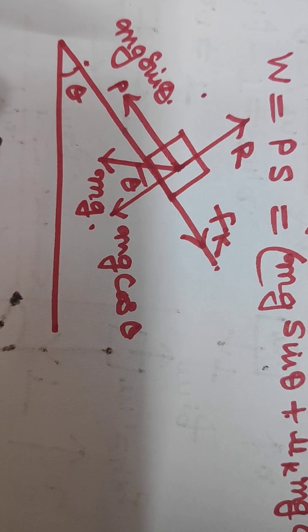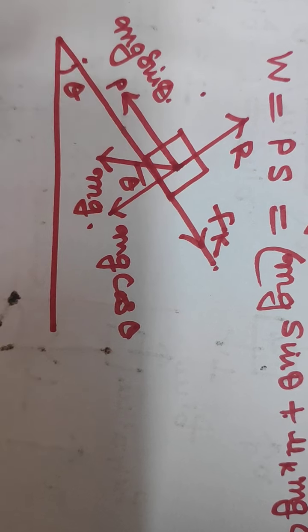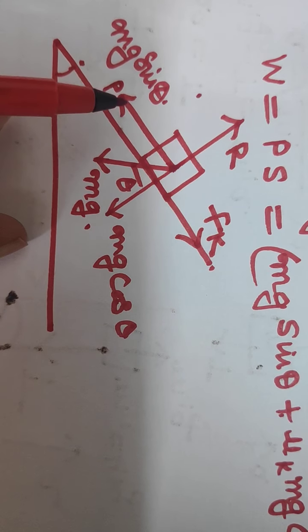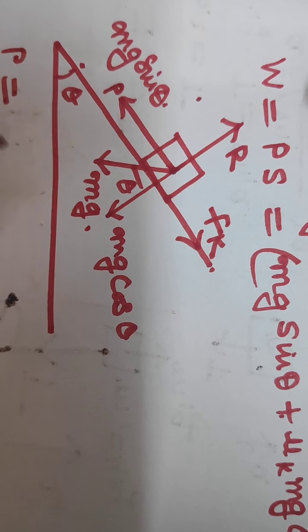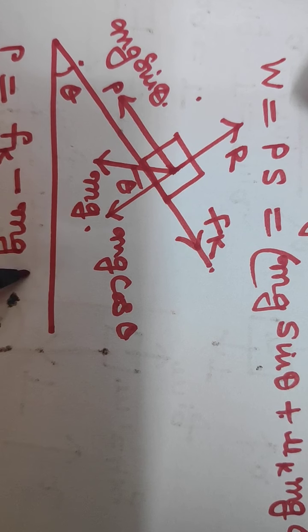Now if it is moving downward, how much force do we have to apply? P must be equal to Fk minus mg sin theta.